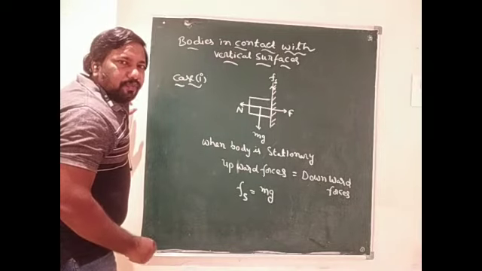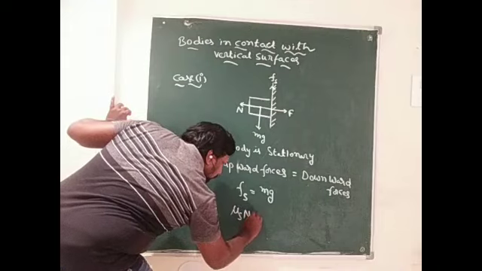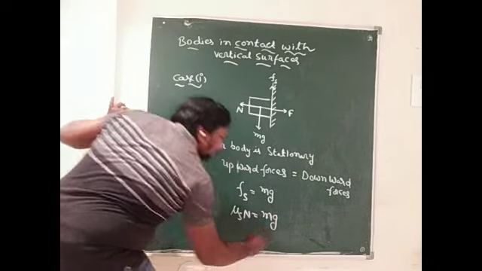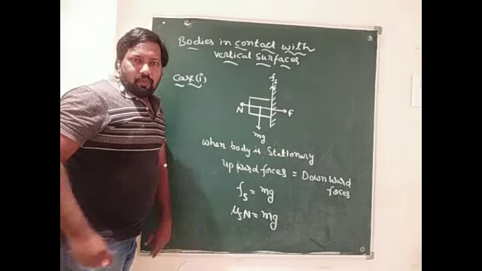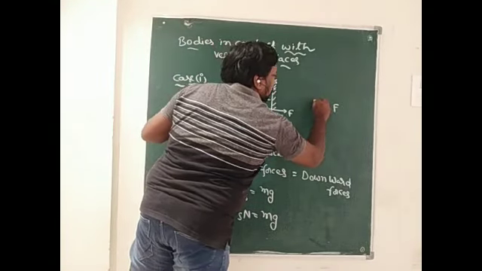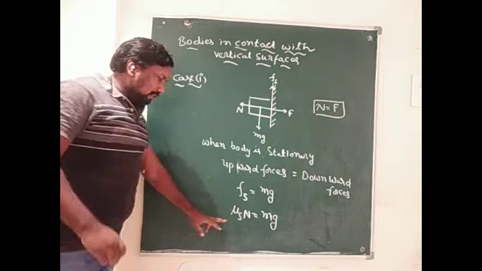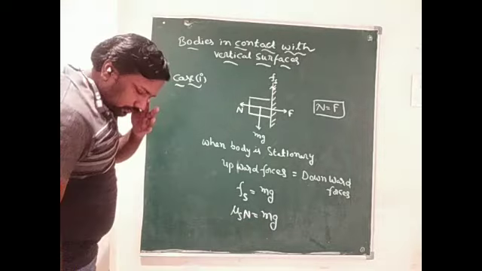You know that Fs equal to mu s into N. Mu s into N is equal to mg. So here N is balanced by the pressing force. So here N equal to F. So now this value is substituted in the equation mu s into N equal to mg.